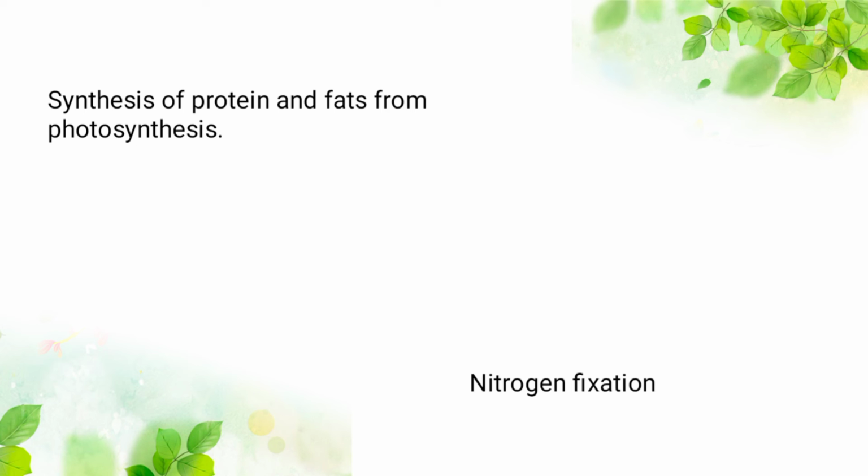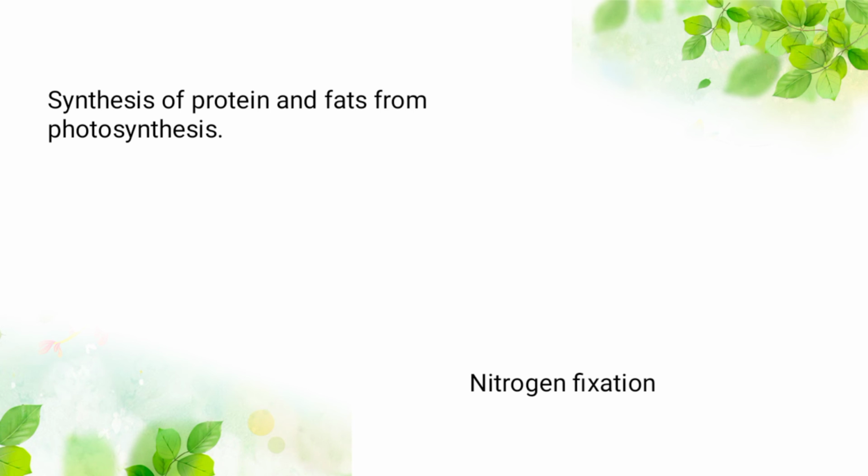Nitrogen fixation is a process in which there are bacteria present in the soil. These bacteria give nitrogen as a nutrient to the soil, and by the same process it reaches the leaf and they form the other types of proteins and fats which are necessary.